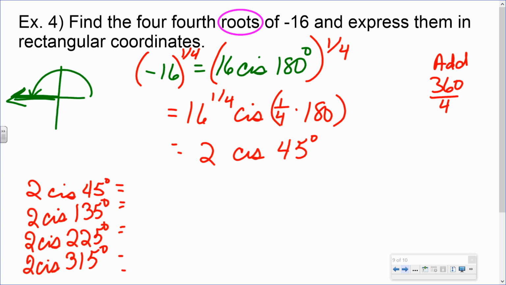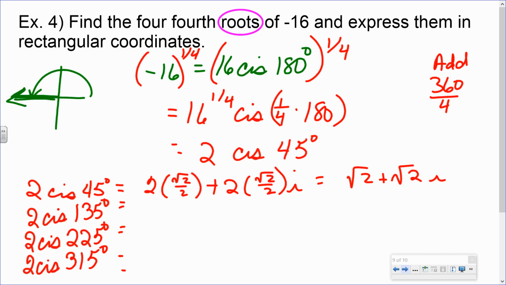So now I need to know what is the cosine of 45 degrees? Root 2 over 2 and the sine? So that means we have root 2 plus root 2i for our first root written in rectangular form. Okay, if I am in second quadrant, 135, tell me about the cosine and the sine. So cosine's negative, sine's positive.